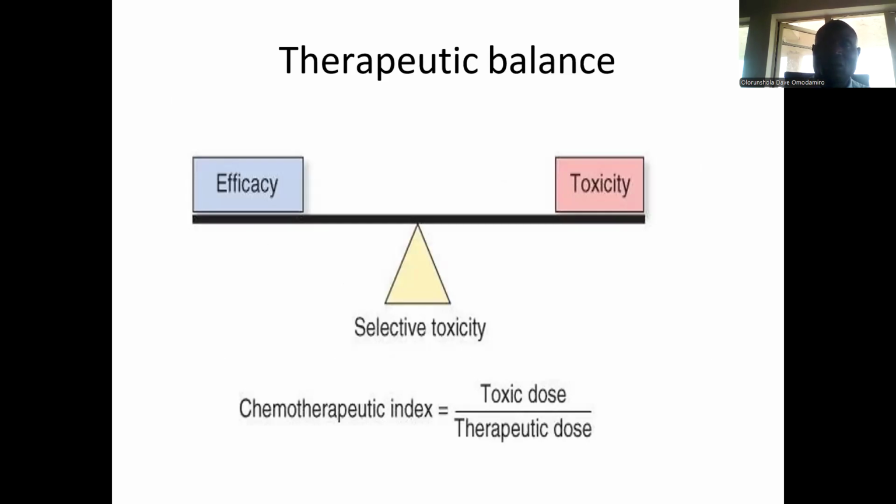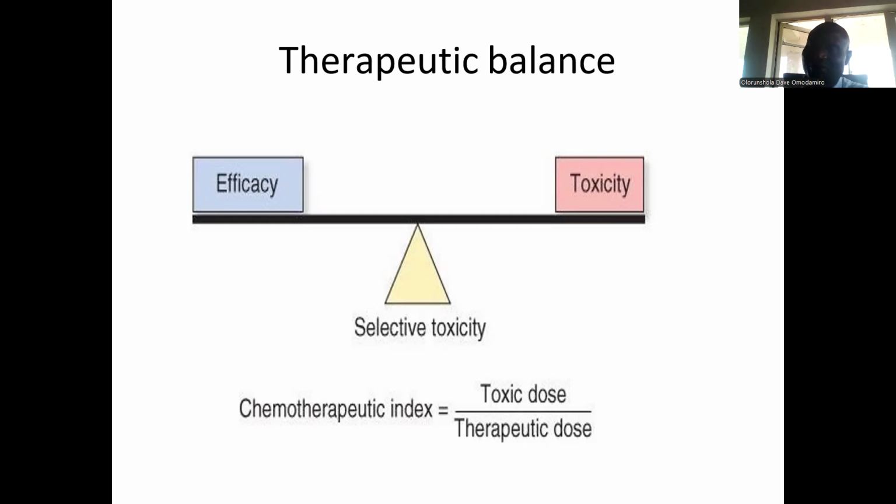Yes, let's look at what you call therapeutic balance. We have efficacy, toxicity, and then the therapeutic balance. The drug is efficacious, the drug is toxic. There must always be a balance between these. That is exactly what selective toxicity is all about.